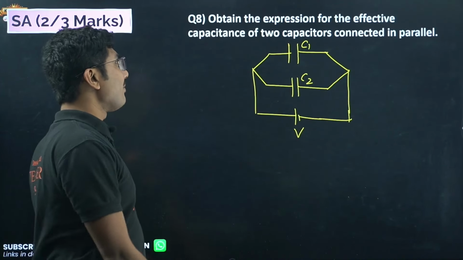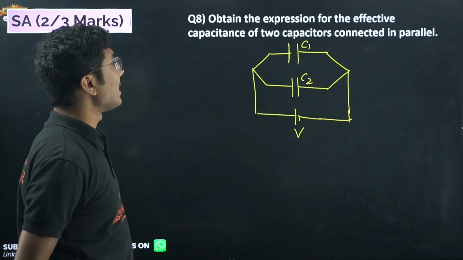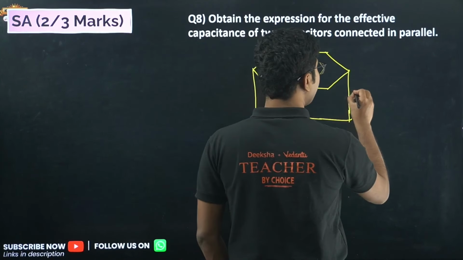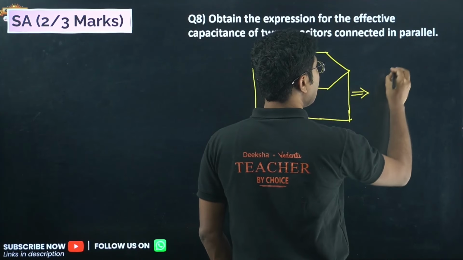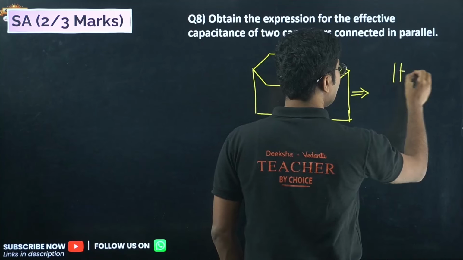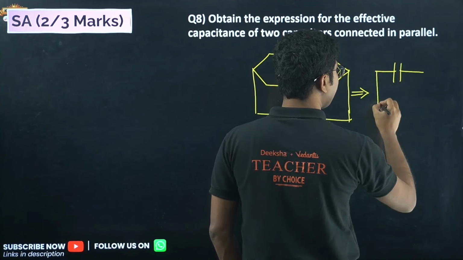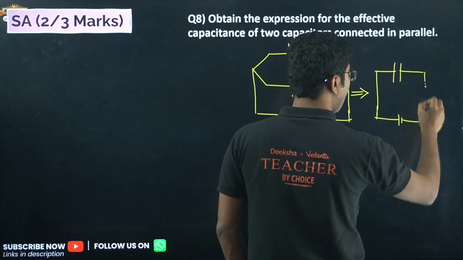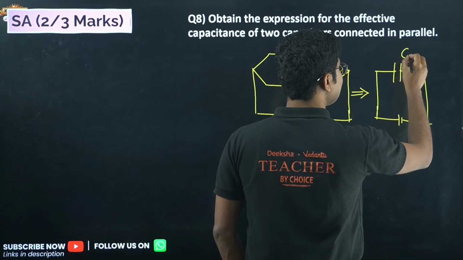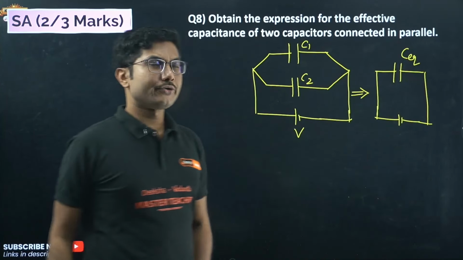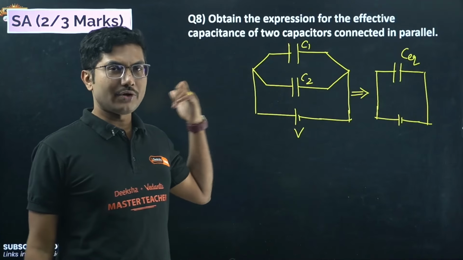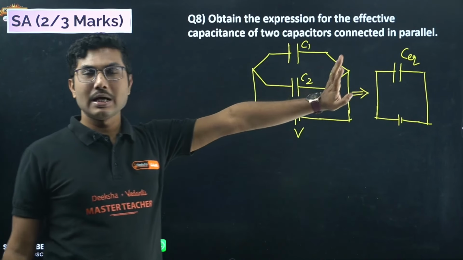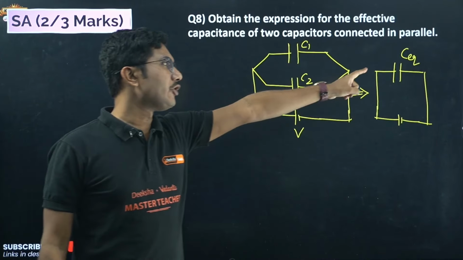Now what they have asked you is to obtain the expression for effective capacitance of two capacitors. Effective capacitance means you have to replace these two capacitors using a single capacitor so that everything remains the same. Only the capacitor is now only one. This is called equivalent capacitance.